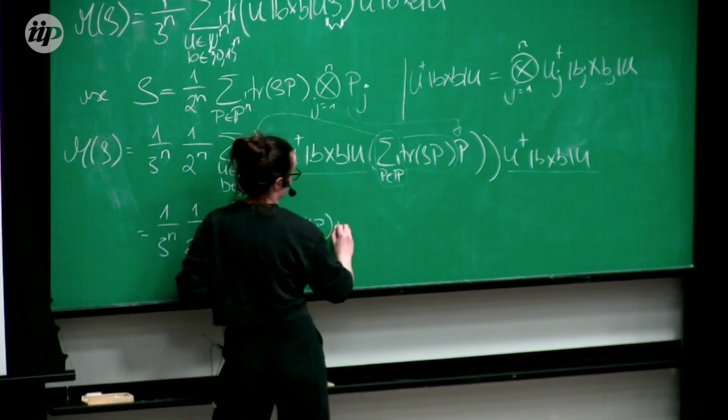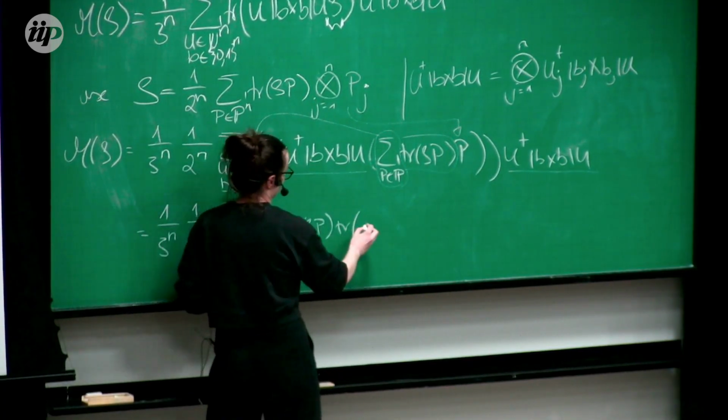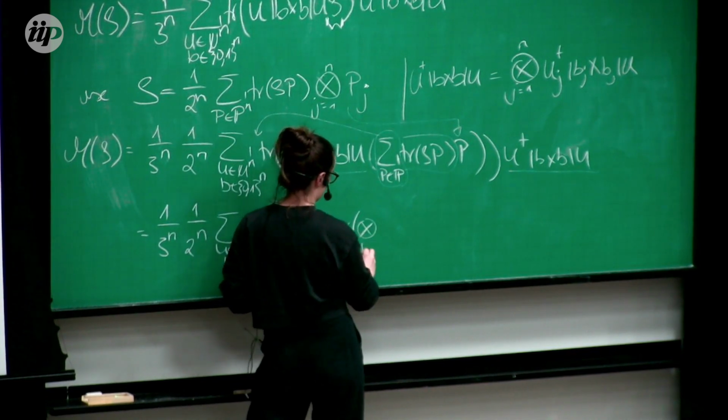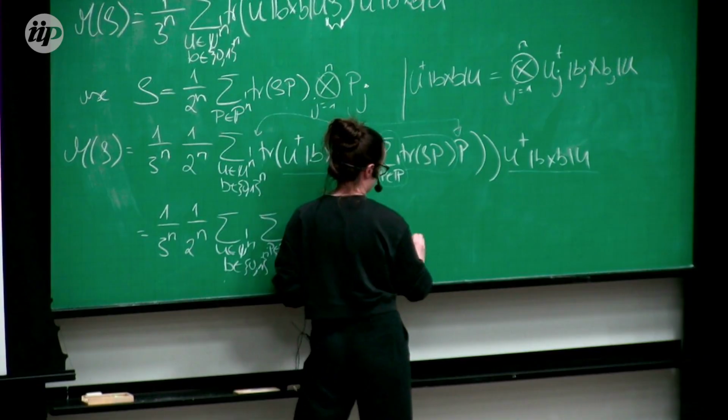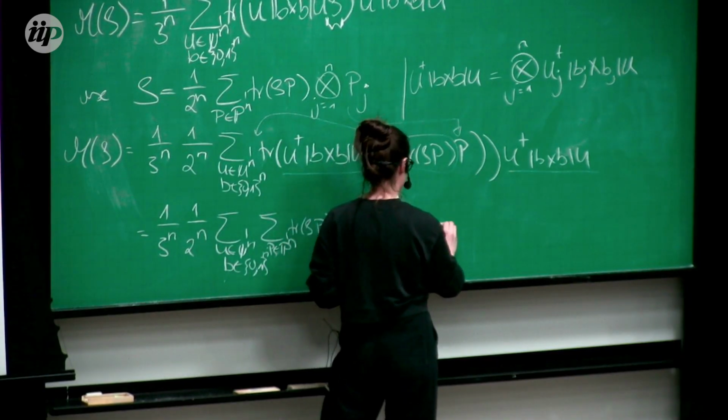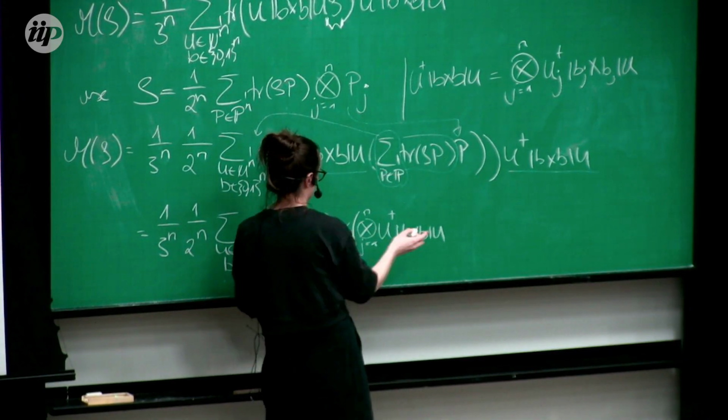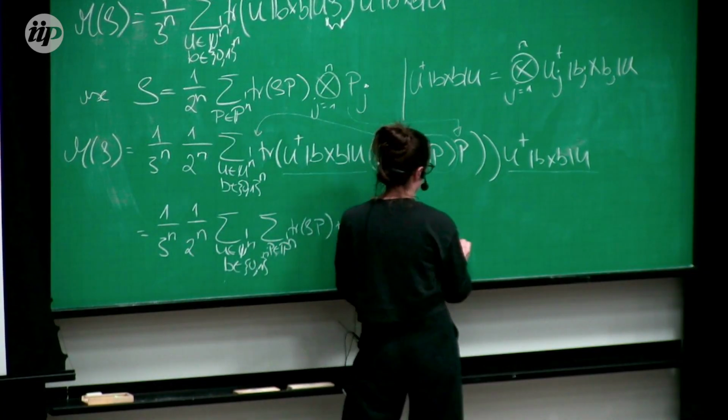And now comes the trace of the tensor product of my columns of my local Cliffords, and then tensor.